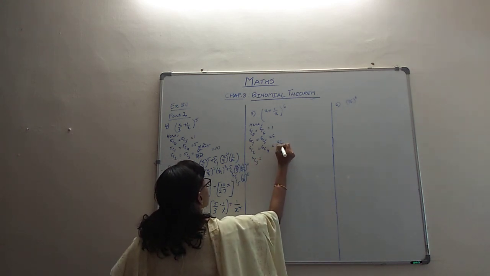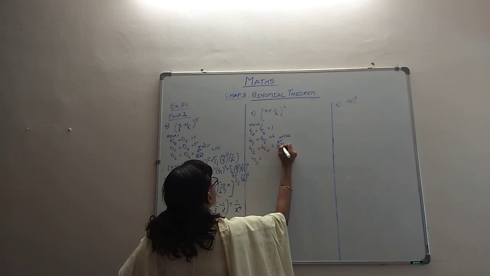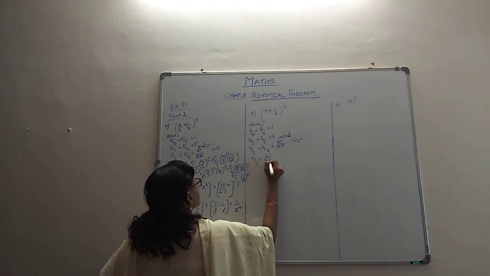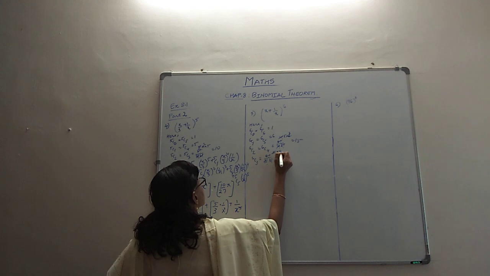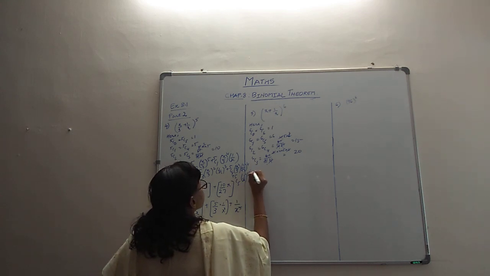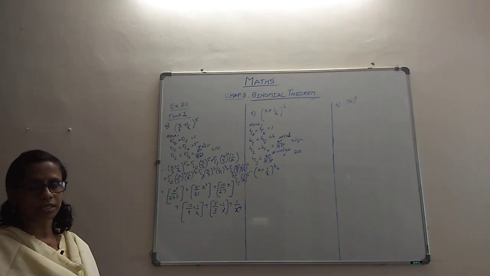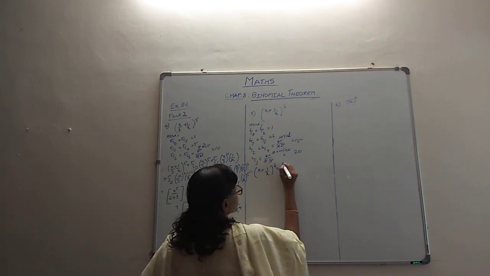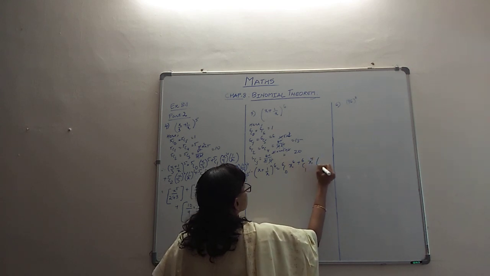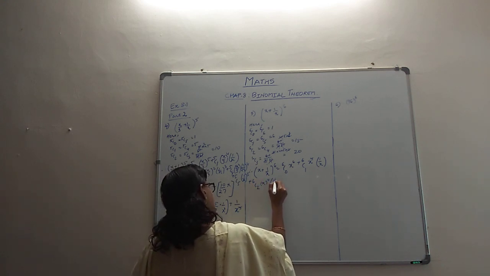I forgot it. So lots of terms are there. 6 raised to 6 means there will be 7 terms. 6C2, so we have x^4 and 1 by x^2.